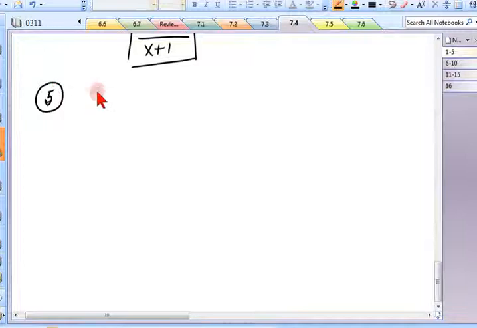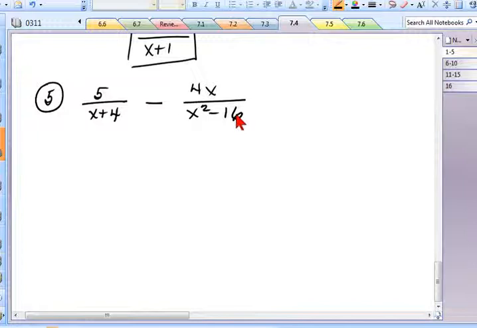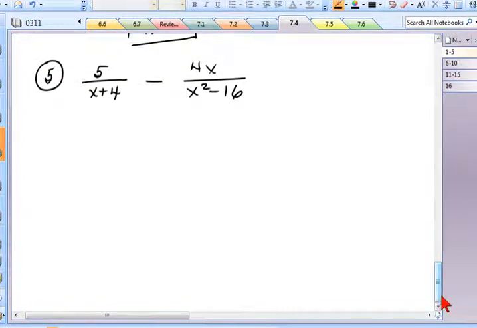Let's look at 5 over x plus 4 minus 4x over x squared minus 16. Now I know that you might not have realized it, but this is the first of these problems that is subtraction. And you have to be so very cautious when you're doing a subtraction.